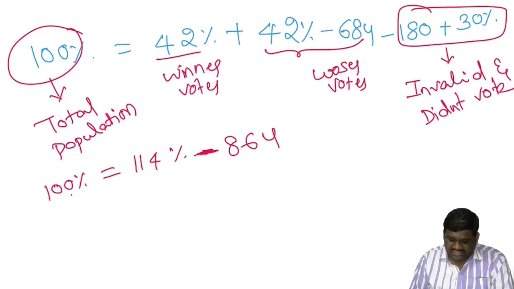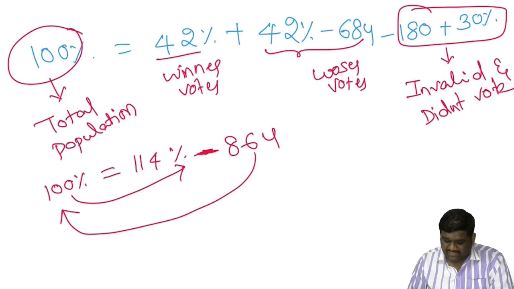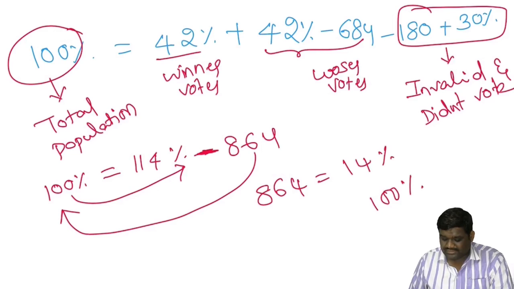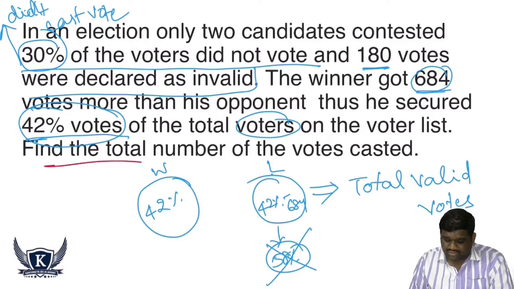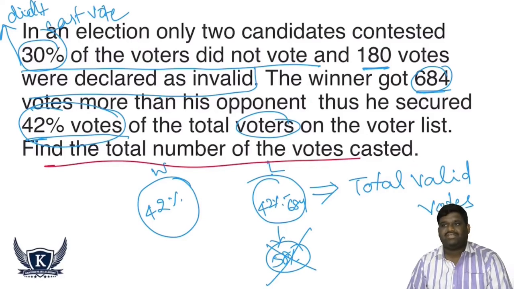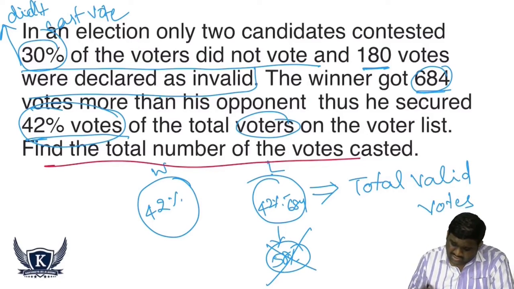So if I take this 100 to this side and 864 to this side, I will get 864 is equal to 14%. Now my question is, what is 100%? Because in the question they will be asking, find the total number of votes cast. That means that is also not about 100% also.